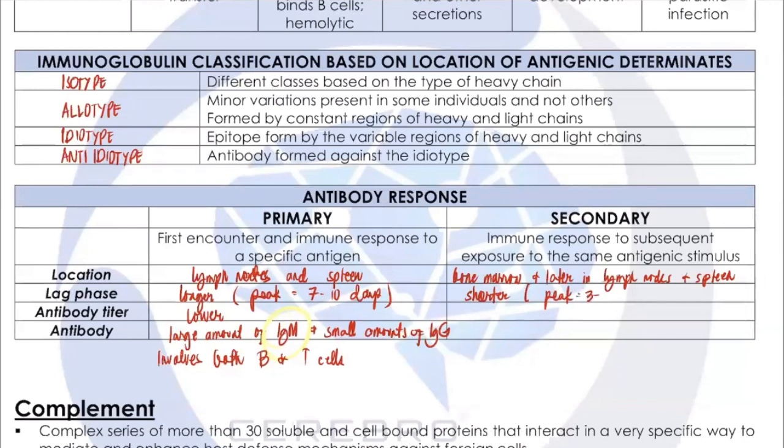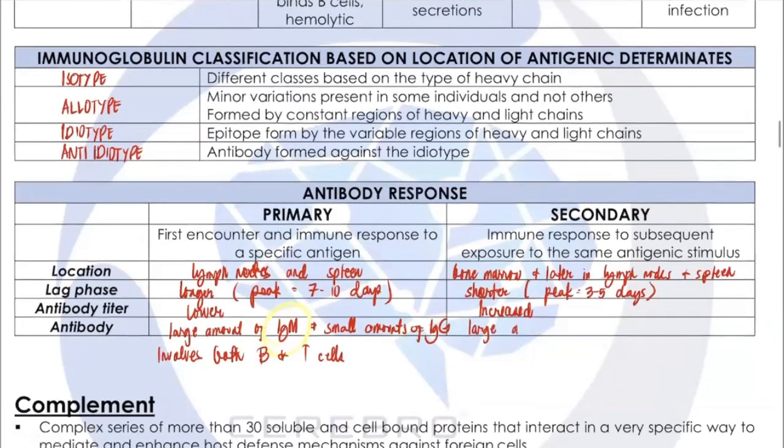The titer, or the amount of antibody you produce, is higher, and the antibody produced is predominantly IgG.